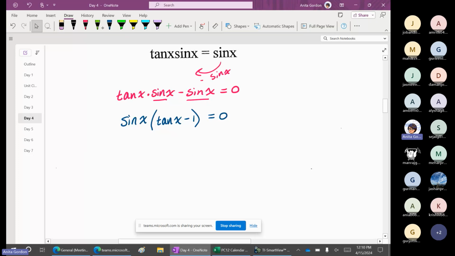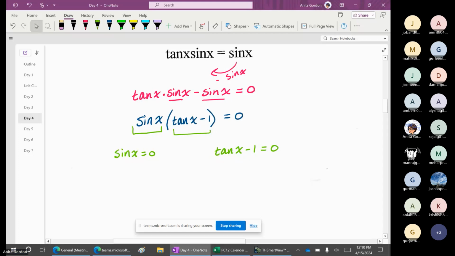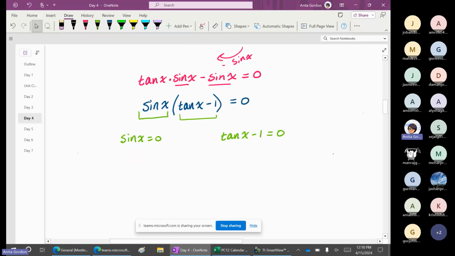So using the rules of polynomials, either this is 0 or this is 0. So sine x equals 0 or tan x minus 1 equals 0. Okay, let's start with the sine x. Where on the unit circle is the y value 0?